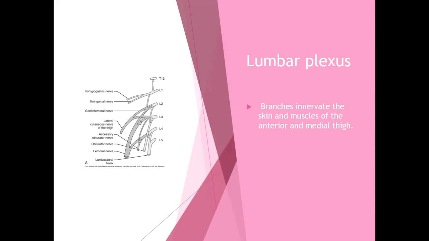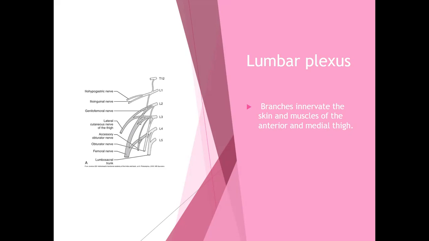There's a cutaneous branch from the plexus called the saphenous nerve that continues into the leg to innervate the medial leg and foot. But most of the lower leg and foot are innervated by the sacral plexus, which is the next plexus down the line.